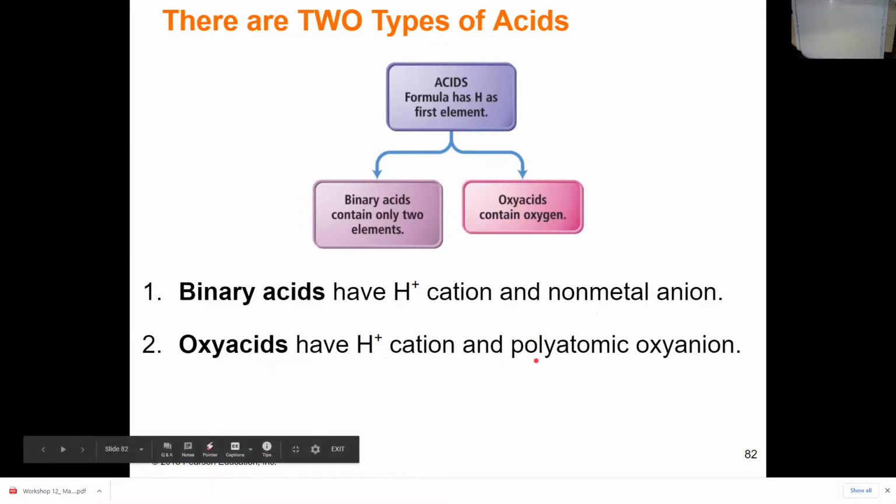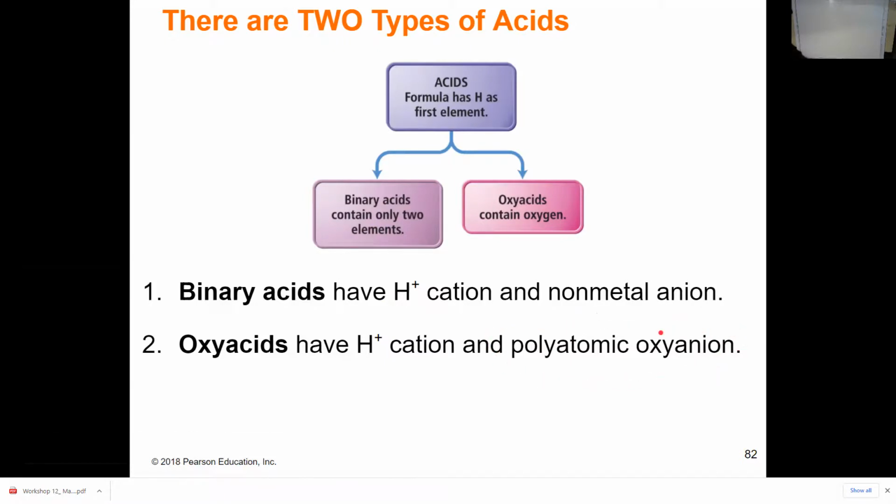Oxyacids, on the other hand, are going to have the hydrogen followed by a polyatomic ion that does contain oxygen in it. So as a shorthand to figure out the difference between a binary acid and an oxyacid: an oxyacid has oxygen. A binary acid doesn't.